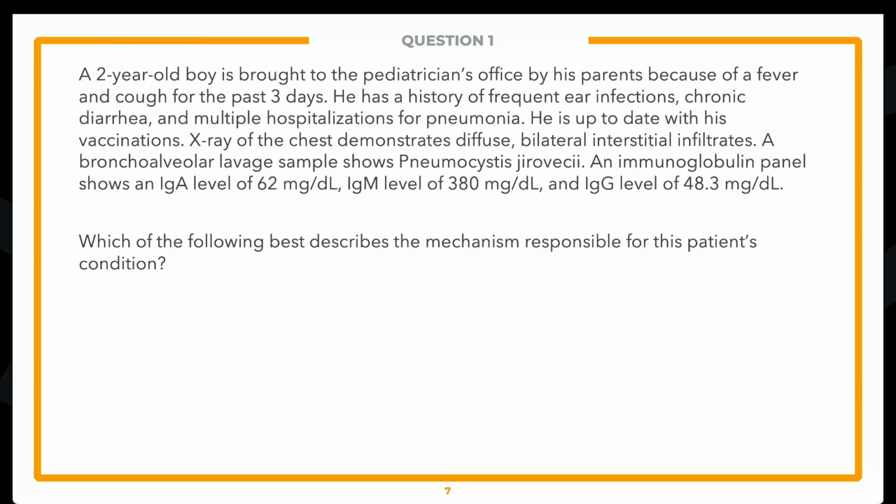Okay, so we've covered up the answer choices, but we read that lead-in first rather than reading the scenario, reading that vignette, because we want to make sure we understand what it is we're looking for, right? So, we've got a patient here, and we know that we're going to be trying to discover what's the mechanism responsible.